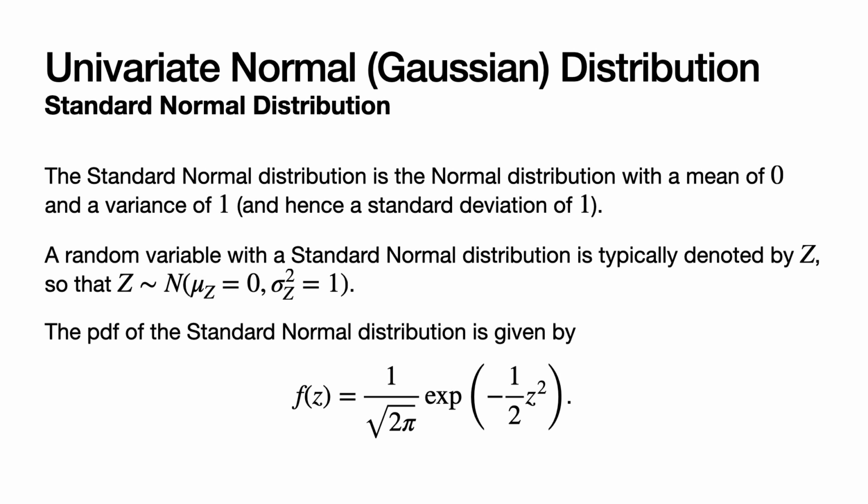Now, there is one univariate normal distribution that has a special name and special usage. This is the normal distribution that has a mean of 0 and a variance of 1. Now you'll recall that the standard deviation of a distribution is equal to the square root of the variance.